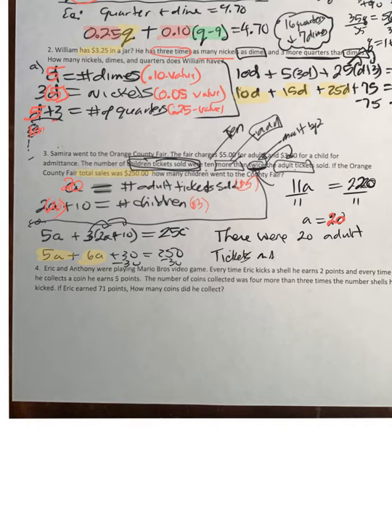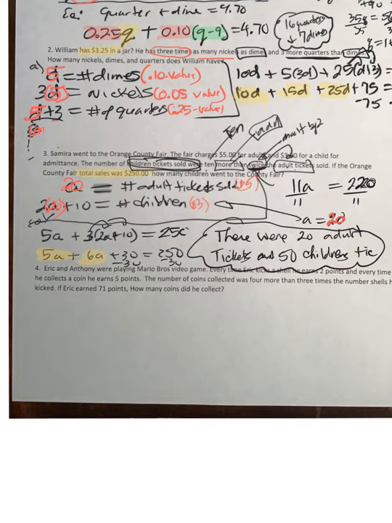And then 2 times 20 is 40, and 40 plus 10 makes 50 children's tickets were sold. Right, so always write your answer in a complete sentence. Notice how we took the 20 and put it in where the A was, and then we can figure out how many adults, which we already knew, and how many children. Okay, let's look at the last one.